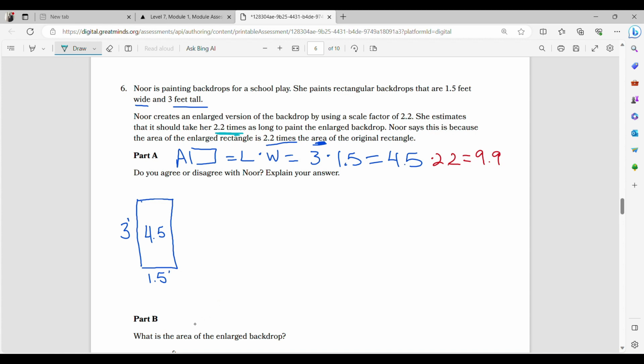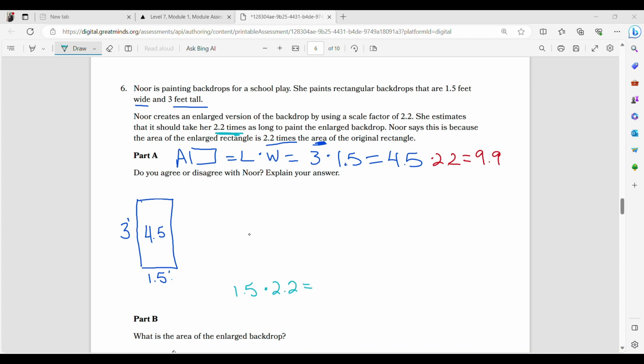That would mean if I take this side, 1.5 times 2.2. 1.5 times 2.2 is 3.3. Is that right? 1.5 times 2.2 equals 3.3.